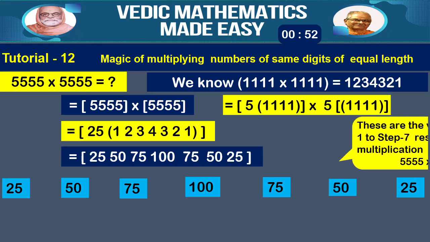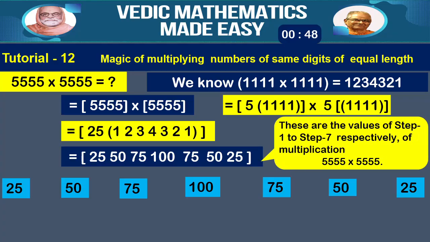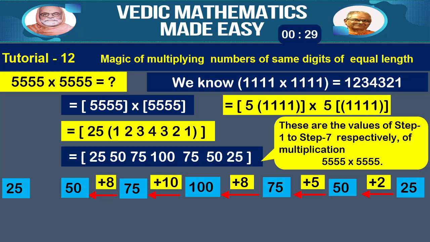These values are step 1 to step 7 values of multiplication of 5555 into 5555 respectively. Now, we must retain the unit place digit in each step after performing the carryover process and adding to each step.